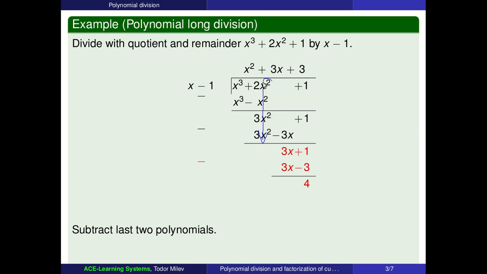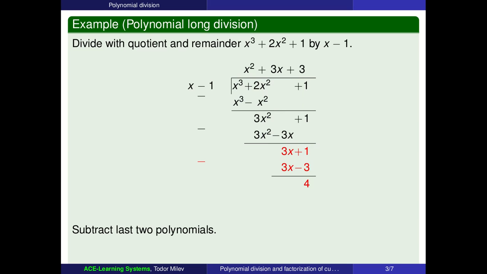So all second degree polynomial terms in one column, all third degree terms in one column, all 0 degree terms, or all constant terms in one column, and all linear terms in one column, leaving empty space for missing terms. Okay, our division tableau is complete.